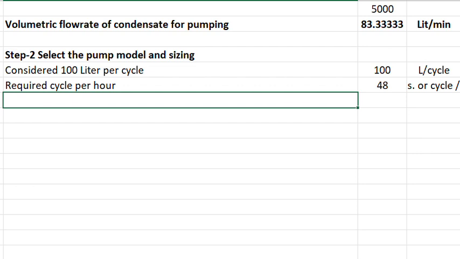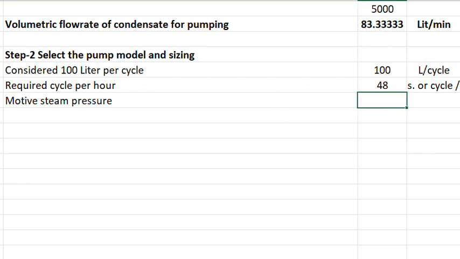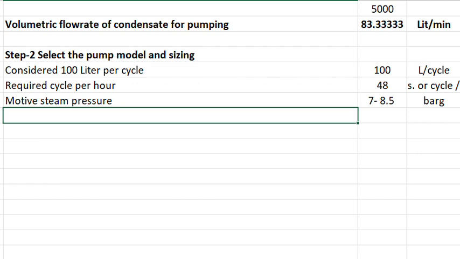Here I have considered steam, and we need the motive steam pressure as well, because we are transferring at a pressure of 7 to 8.5 bar g. We can consider high pressure steam so that the transfer happens within a short time period.